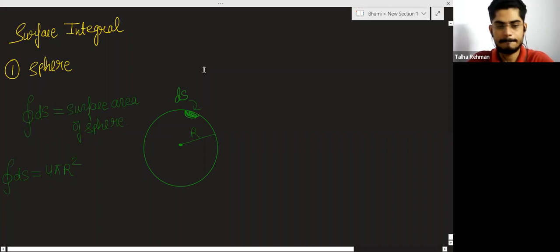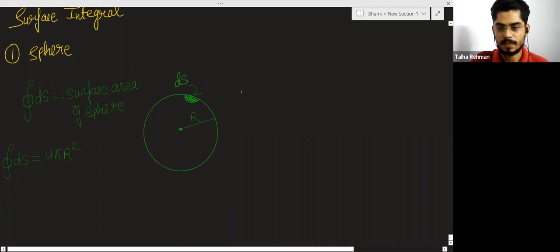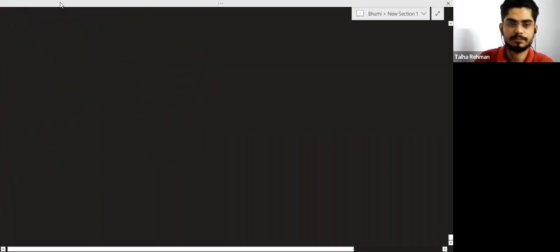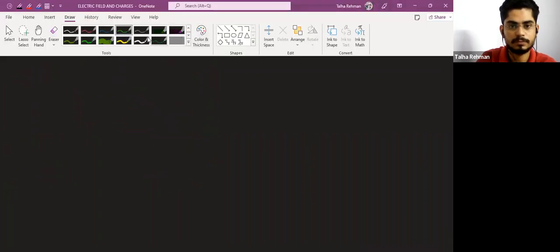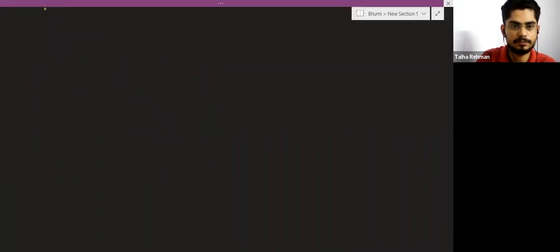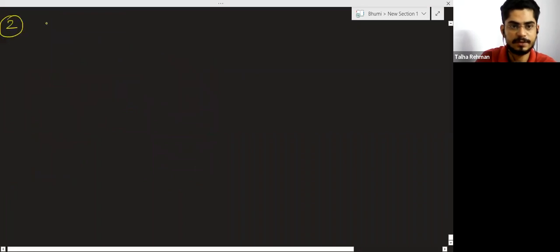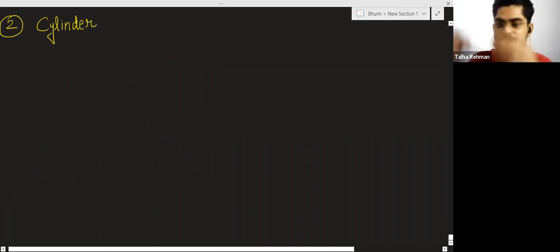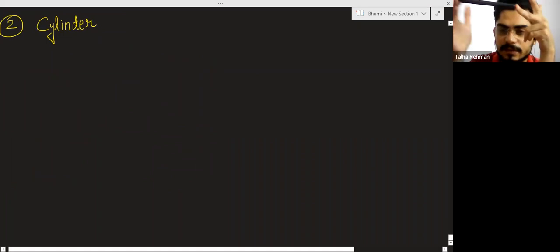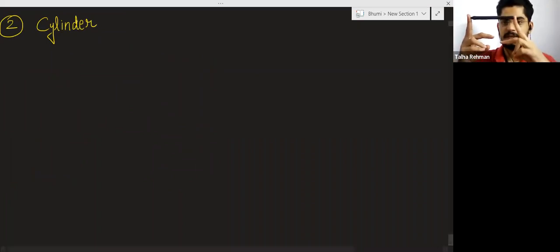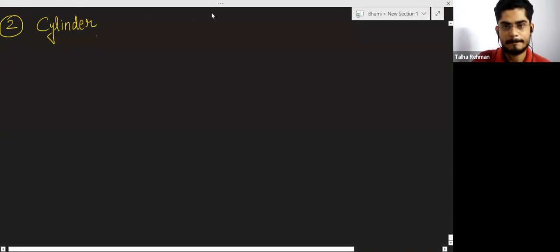Now, cylinder. Second number is cylinder. You can imagine this as a cylinder.